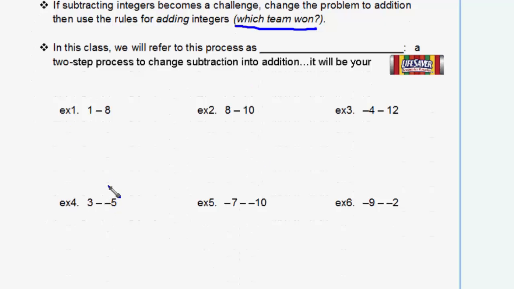In order to do that, we're going to use a process called Presto Changeo. Okay, Presto Changeo is a two-step process to change subtraction into addition.